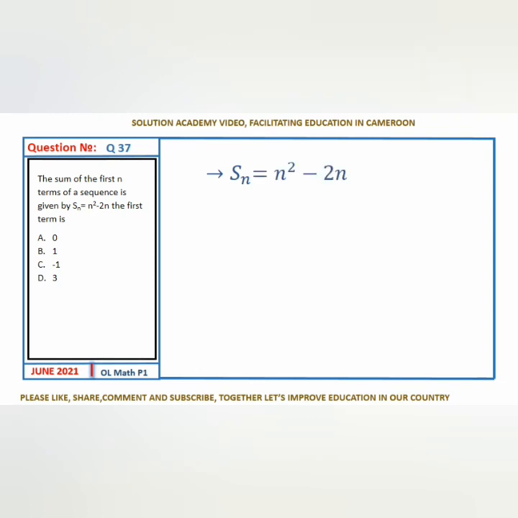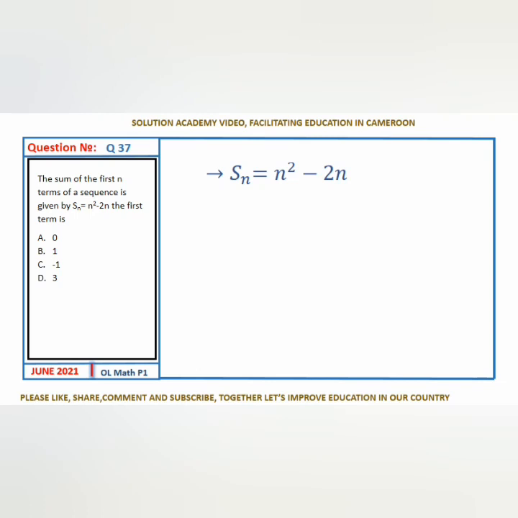They have not given you the general formula. They have solved and given you the sum of the first n terms for a certain sequence. So whenever you're given the sum of the first n terms, to find the first term, second term, third term, fourth term, fifth term, or whatever, you have to follow this approach.